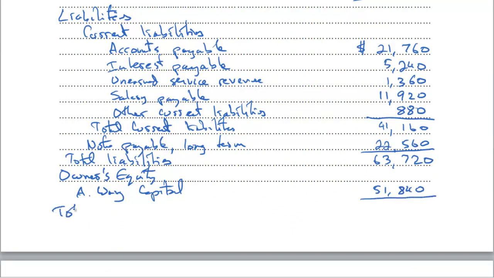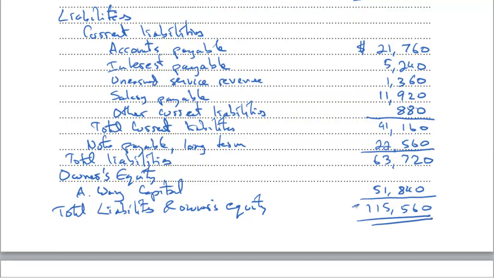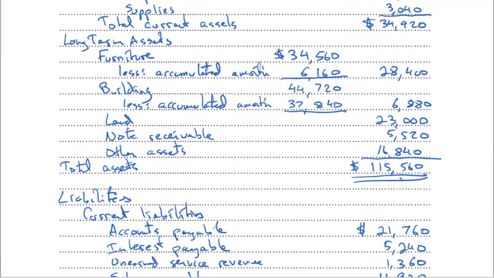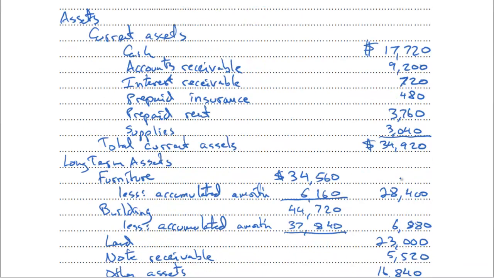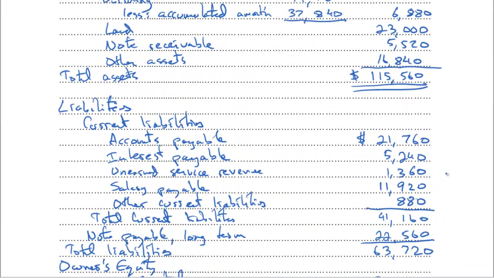And so now we can write total liabilities and owners' equity, and we do the math, and we end up with $115,560. And does that balance? There it is. Yep. 115,560.